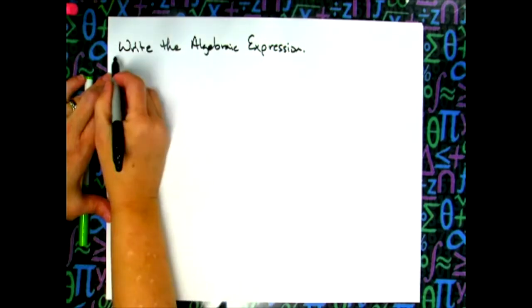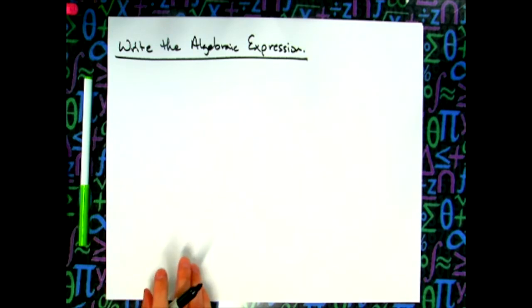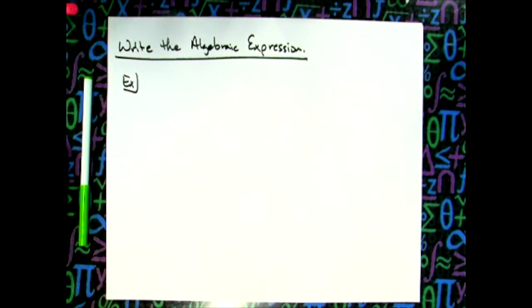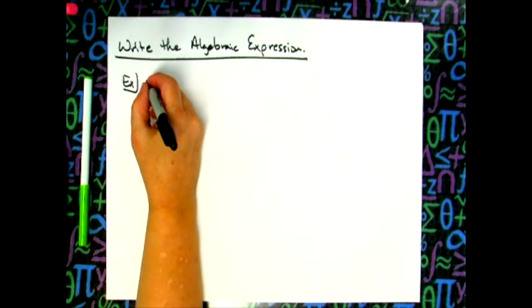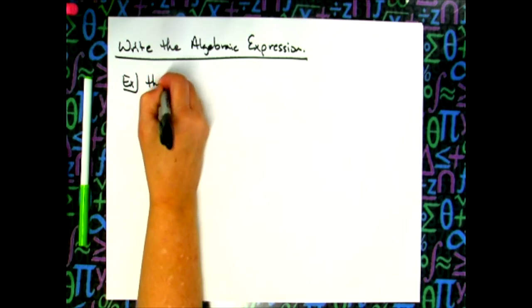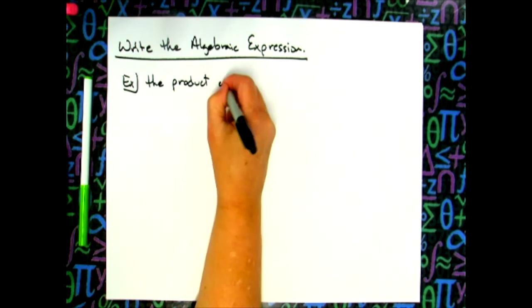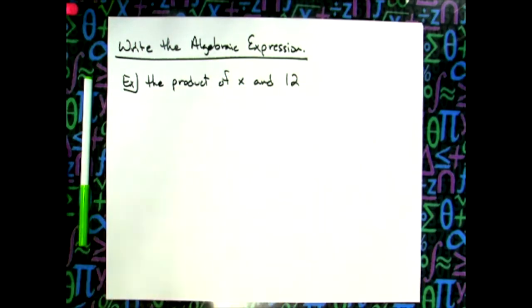They can also say, write the variable expression. So you got to be used to whatever vocab that they give you. All right. And then they're going to give you a problem that is written out in words, and you are going to translate it to an algebraic expression. So you're going to see sentences in today's homework. You're going to see things that say the product of X and 12.